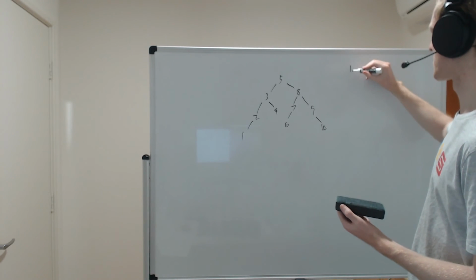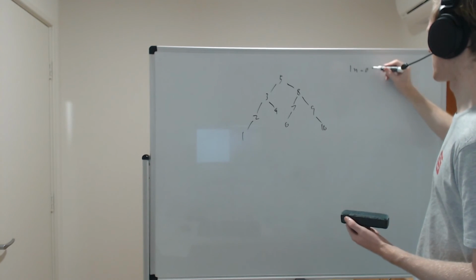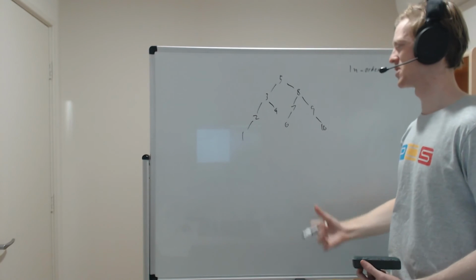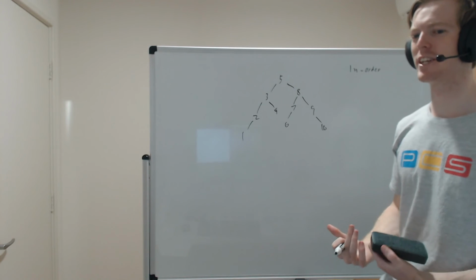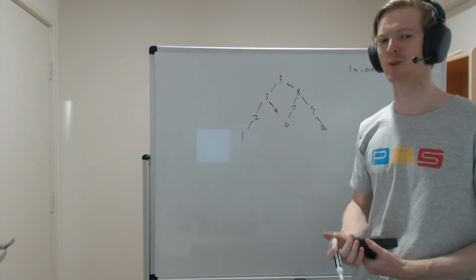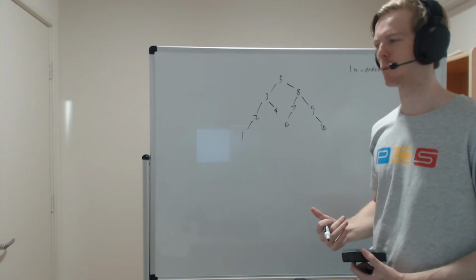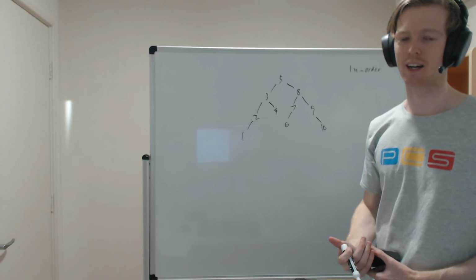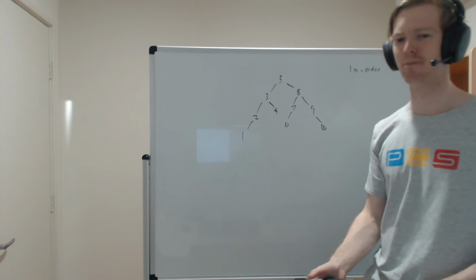So in-order is quite easy to consider with binary search trees in particular, because by definition, if you do an in-order traversal, you'll end up with keys in the sorted order, as long as it's a valid binary search tree.